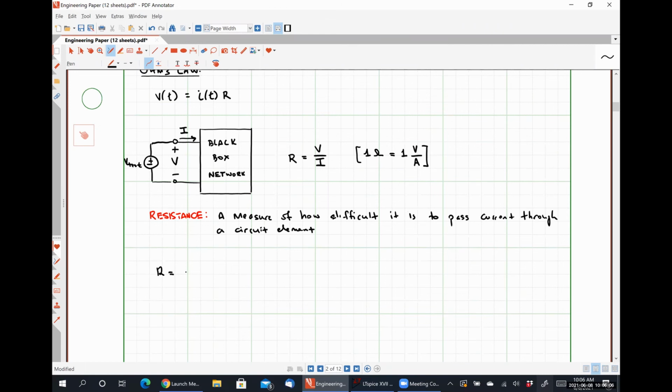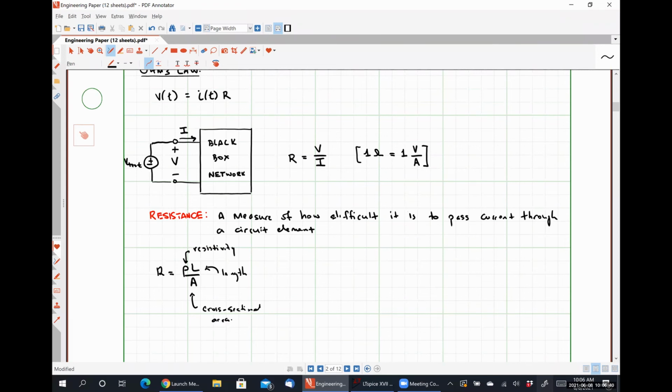R is equal to rho L over A, where rho is the resistivity of a material, L is its length, and A is its cross-sectional area.